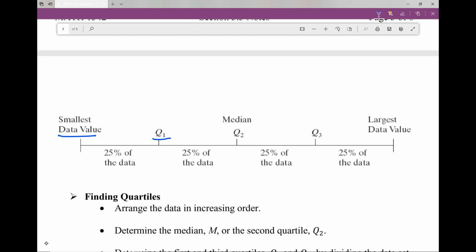These 5 numbers are what we call a 5-number summary. These summarize our data. So it's the smallest data value, Q1, Q2, Q3, and our largest data value.